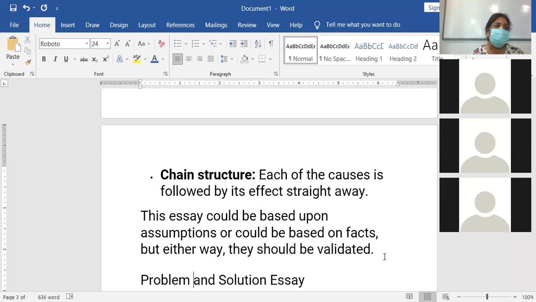What do you mean by the term assumption? It must have happened like this. You assume. For example, if someone gets Covid, he must have gone outside. You're not sure. Just like a prediction. He must have met somebody who must have had this virus. An out of syllabus question must have come.